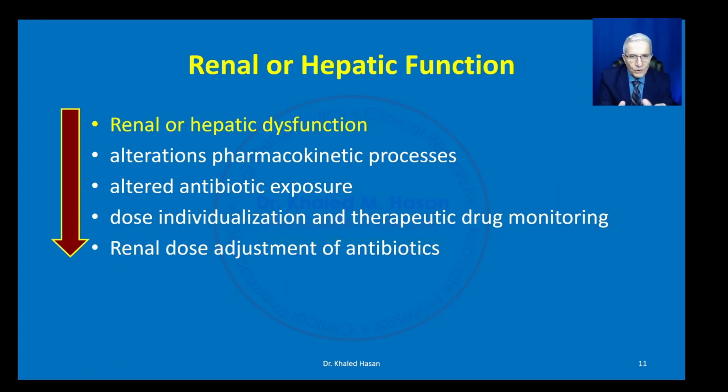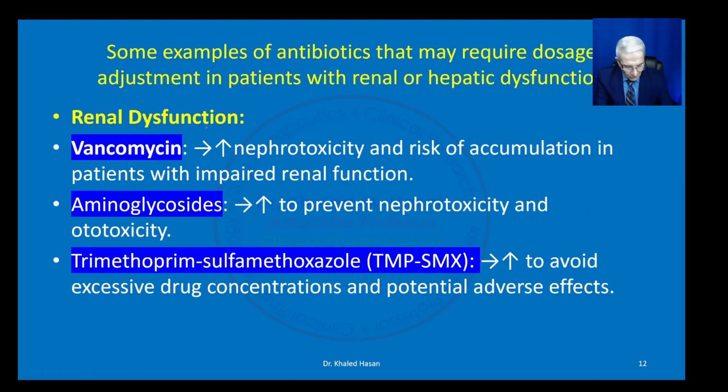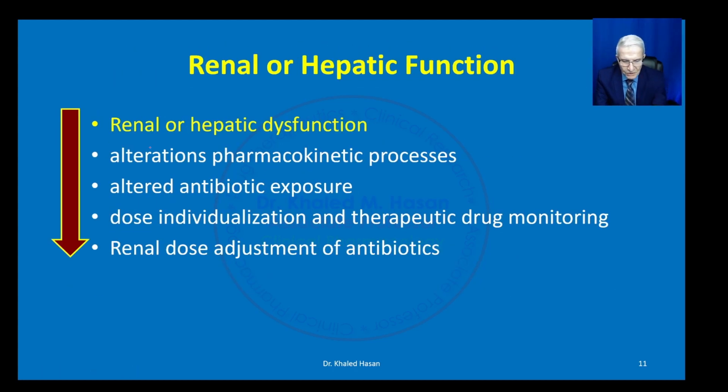Okay, in the previous slide we covered the age effect on antimicrobial treatment. In the next slide, we are going to speak about the effect of renal and hepatic function on antimicrobial therapy. If the patient suffers from decreased renal or hepatic function, what happens here?